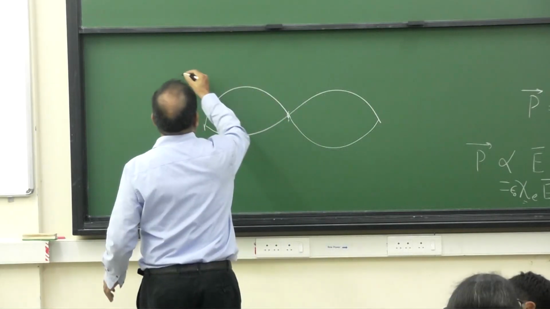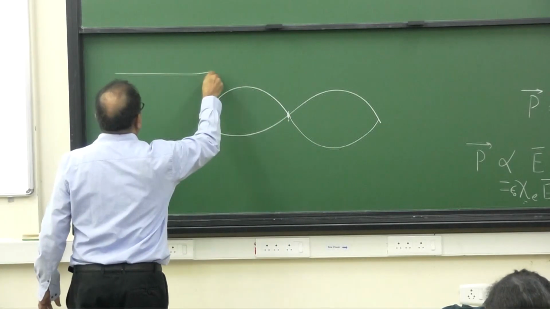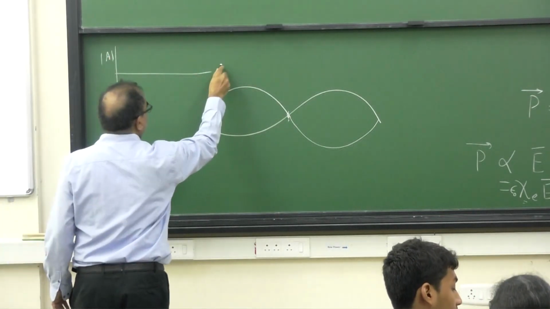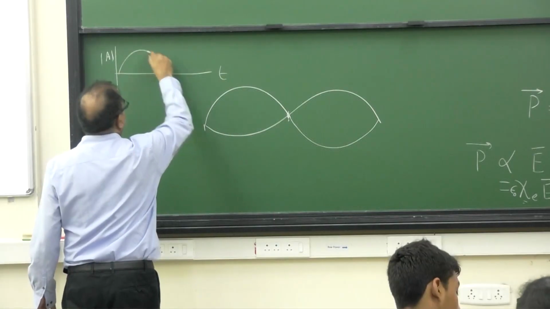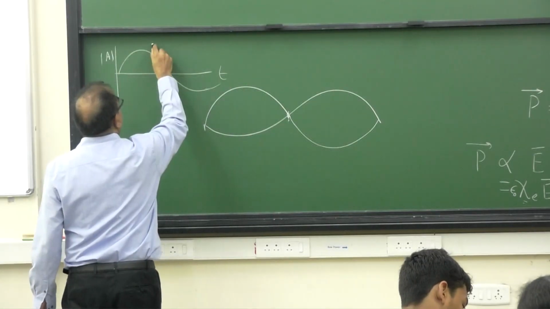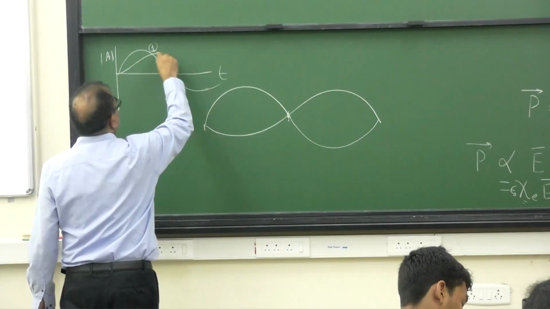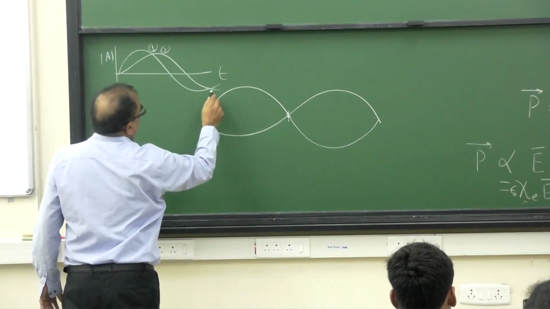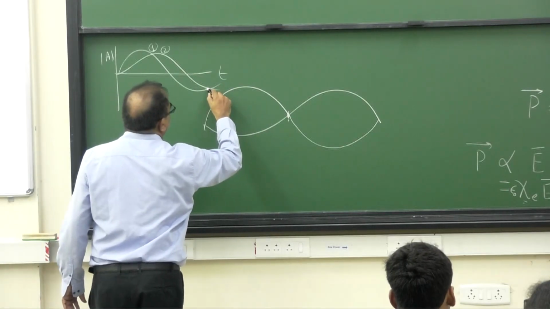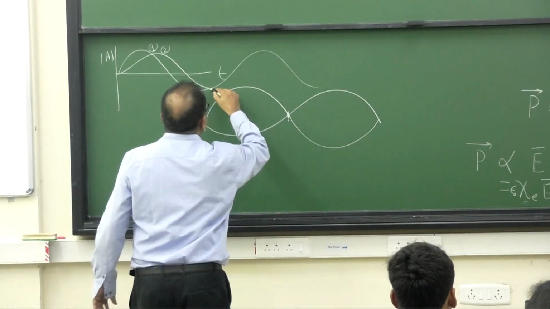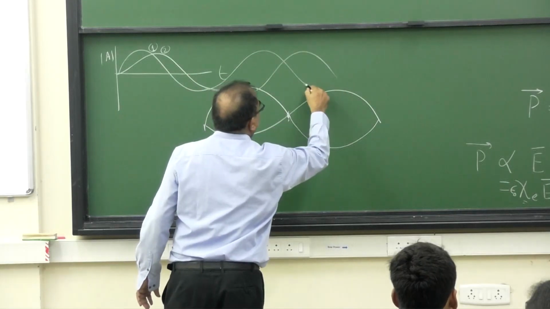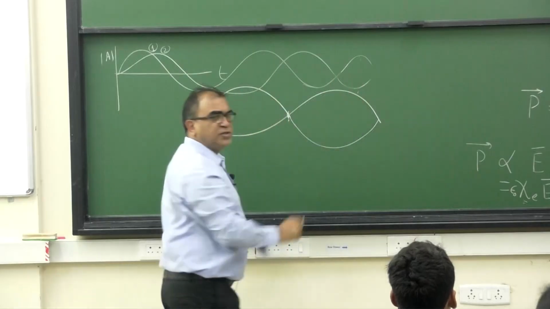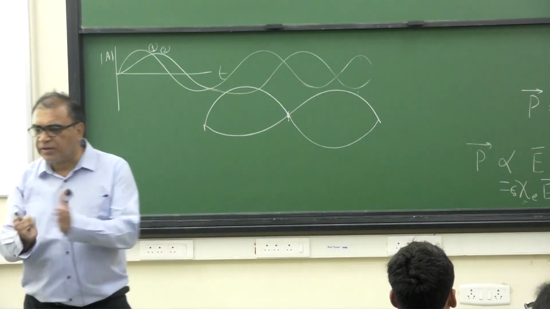Let us say this is amplitude against time, this is wave number 1 and this is wave number 2. If I keep on drawing like this, at some point this and this would come opposite to each other and add up destructively.